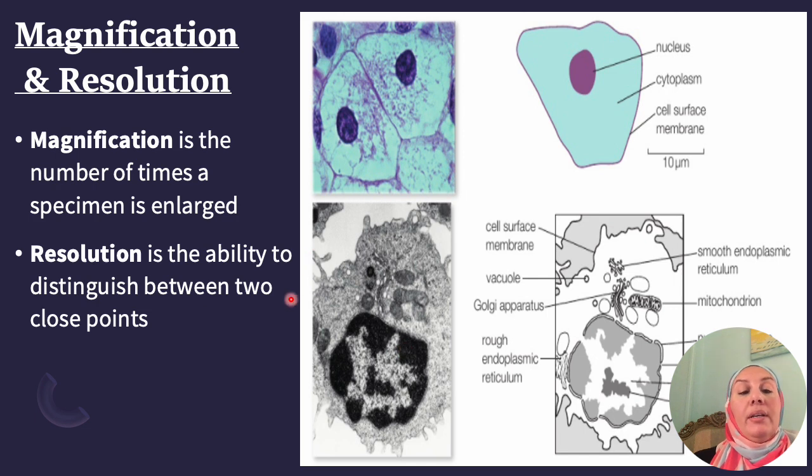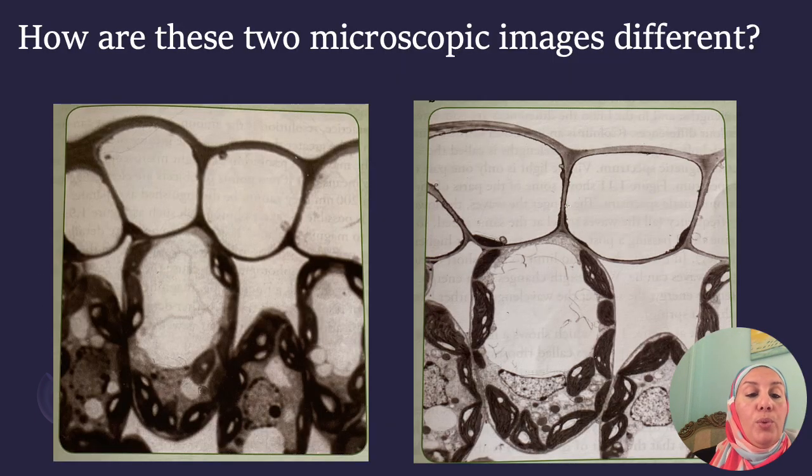So here we have a greater resolution, because resolution helps us to see in more detail, to see more structures. Resolution is defined as the ability to distinguish between two close points. So if I have two close points, here we have a different way of showing things. These are two images from two different microscopes, but they are of the same sample, the same tissue.